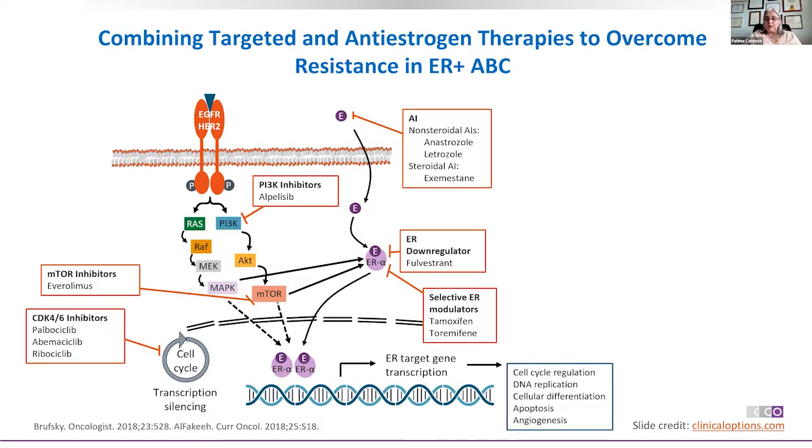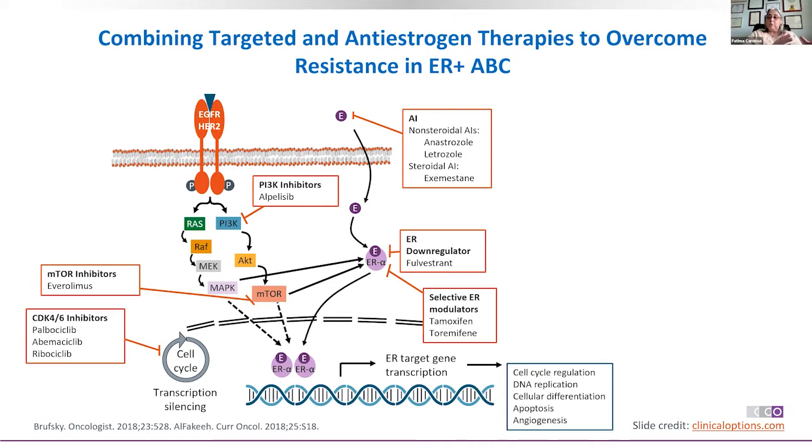So why do I put this complex slide here? Just to tell you that as with all the treatment options that we have discussed previously, resistance also occurs with endocrine therapy. And this is just the way that the connection of the different stimuli go to the estrogen receptor, at the bottom the different types of endocrine therapy that you have on your right, and what you can do with these resistance mechanisms.